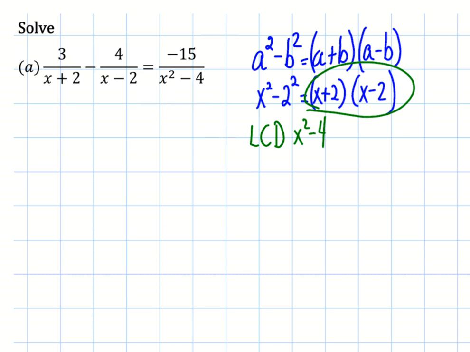So let's rewrite the whole thing here. Notice if I multiply by x plus 2 times x minus 2, the x plus 2 will cancel out. So it ends up being the next one.